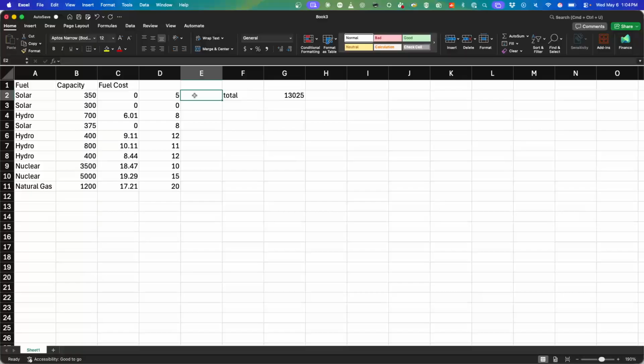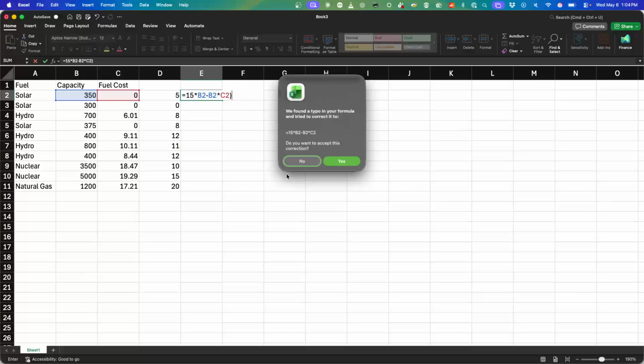Okay? So let's see how much money people made. The way we're going to do that is our final bid was $15. So we're going to do 15 times the capacity minus your capacity times your fuel cost, right? So you make money from selling electricity at that clearing price, but you lose money from producing electricity at a particular fuel price.